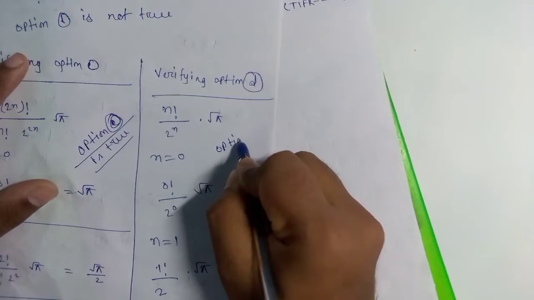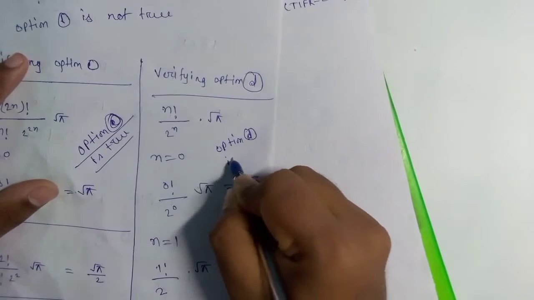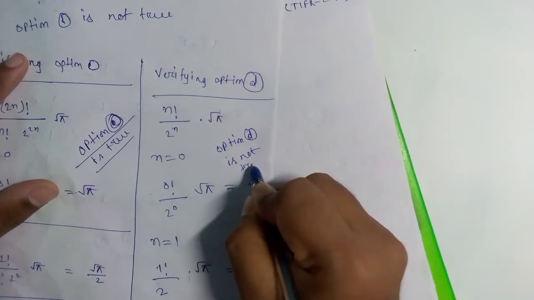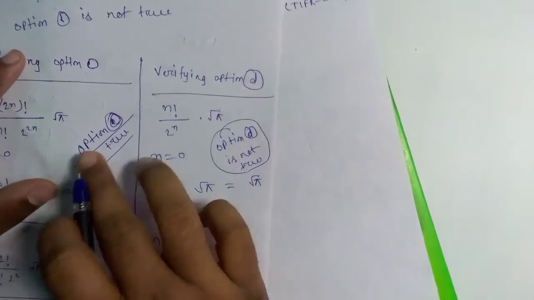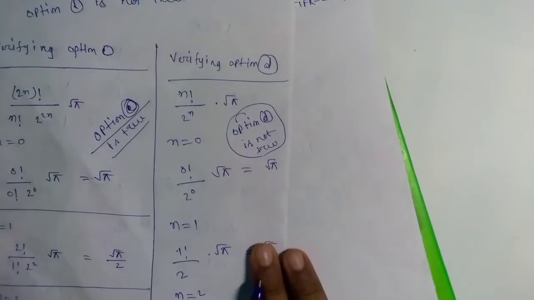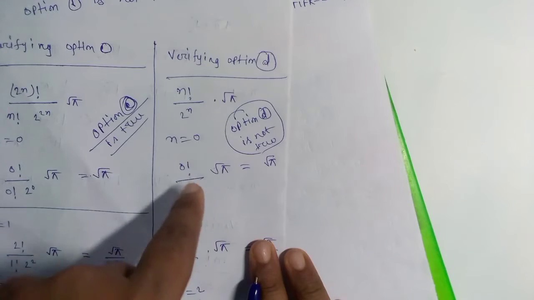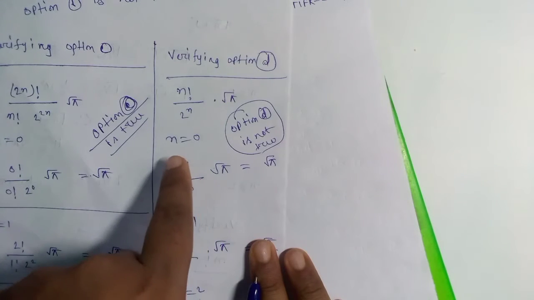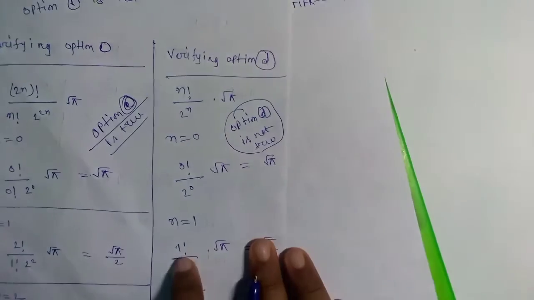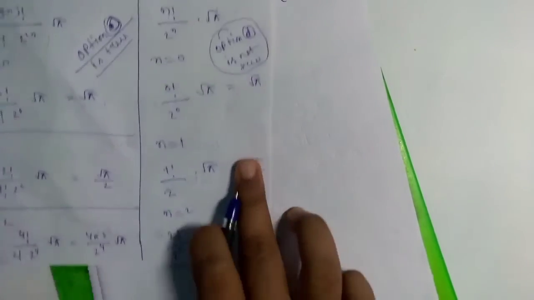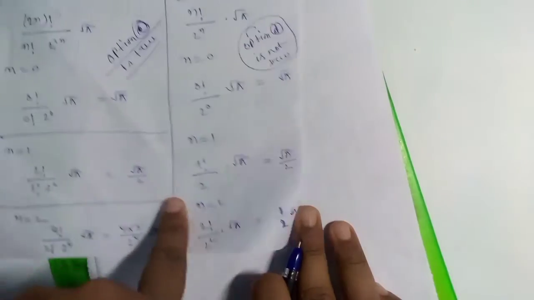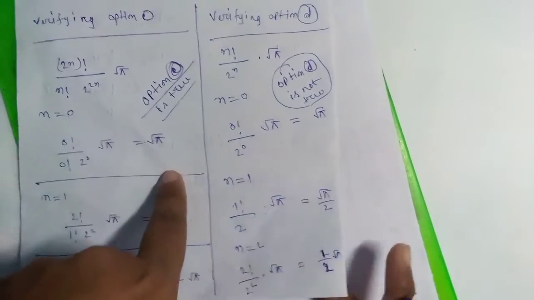Option D is not true. So only option C is correct, because in option D the conditions n equal to 0 and n equal to 1 are satisfied, but n equal to 2 is not. So option C is correct.